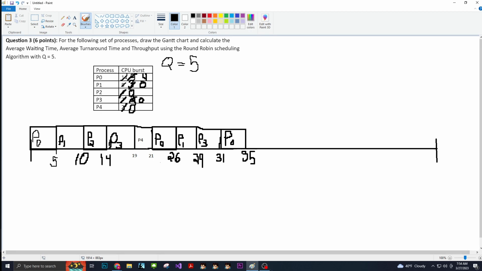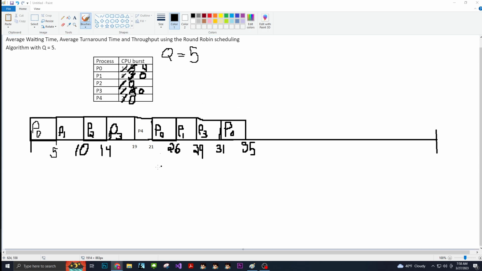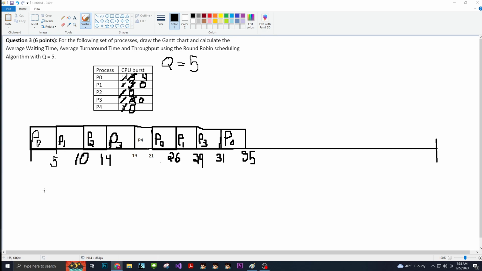Okay. I will check my notes to see how to do the other calculations. Okay, after careful consideration of my notes, I have deemed that they are wrong, but I'm going to try my best, so take these with a grain of salt.